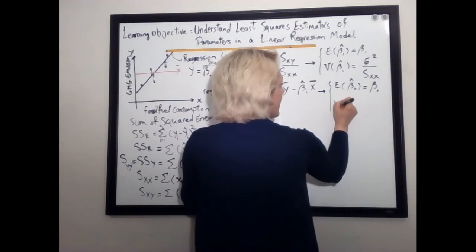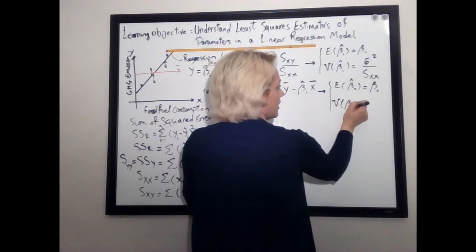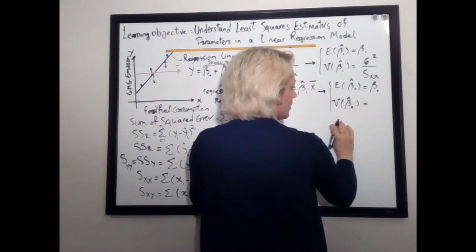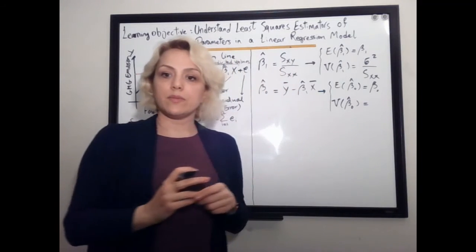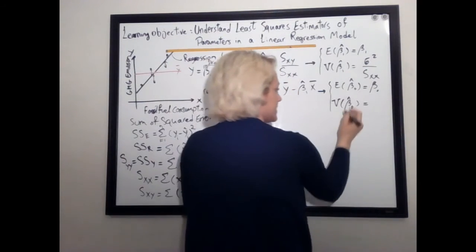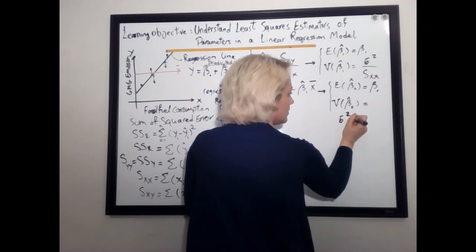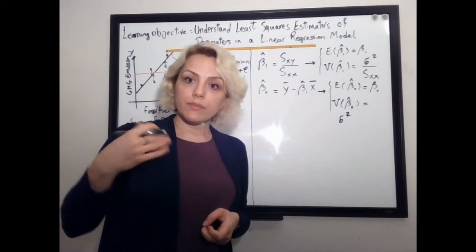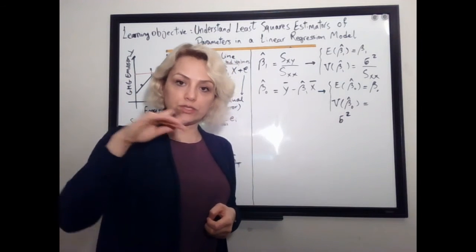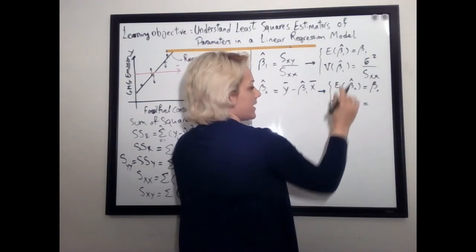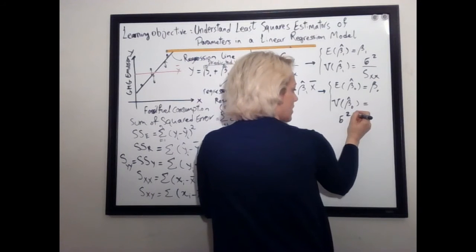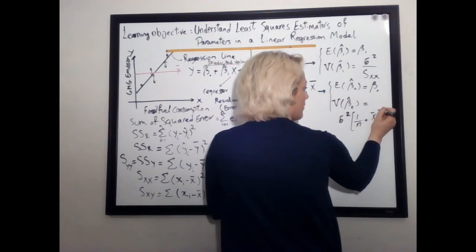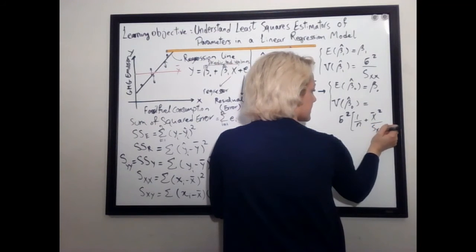So the variance of the beta null estimate is equal to, I'm going to write it down here, sigma squared times 1 over n plus x bar power 2 divided by Sxx.